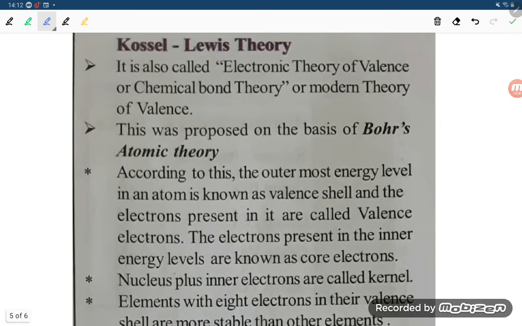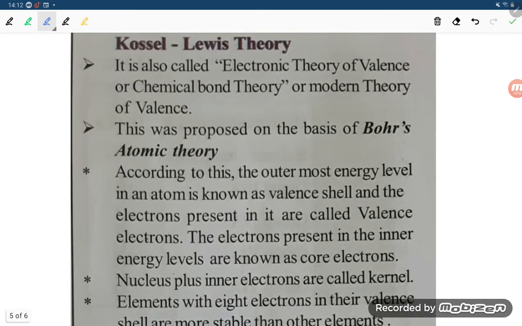Now let us move on, student, to the Kossel-Lewis approach for chemical bond formation. What is the Kossel-Lewis approach? This is also called the electronic theory of valence, chemical bond theory, or modern theory of valence.